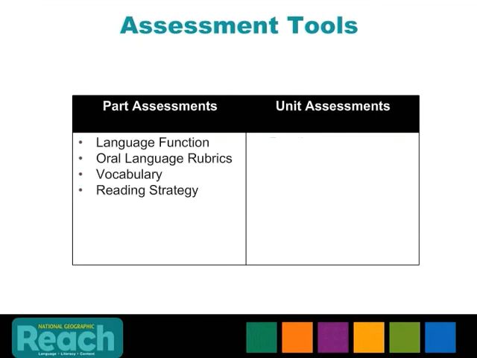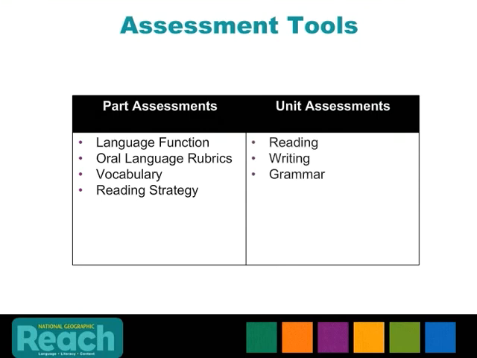First, there are part assessments that were mentioned during Day 10 instruction, and they're shown here. You'll remember we looked at examples of the language function, the oral language rubric, and the vocabulary assessments. Additionally, the reading strategy assessment is very similar to the other assessments. These part tests are a critical part of the assessment process in REACH and can be used as an early indicator that reteaching may be necessary.